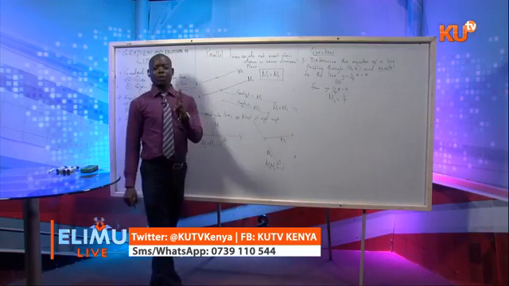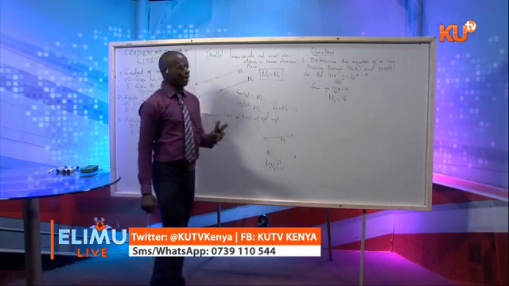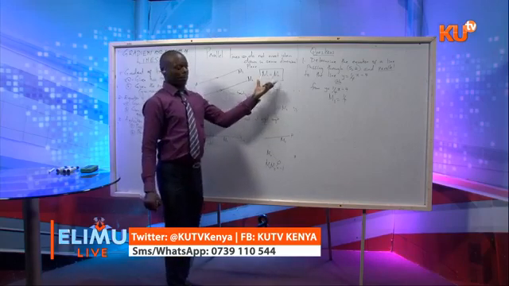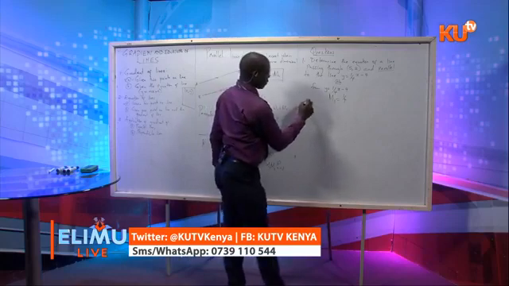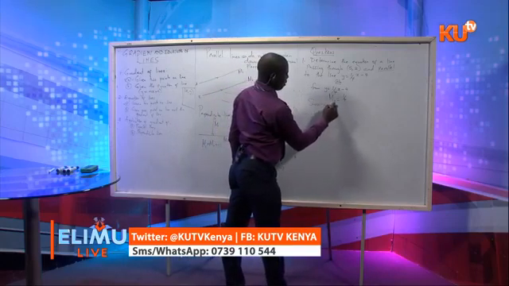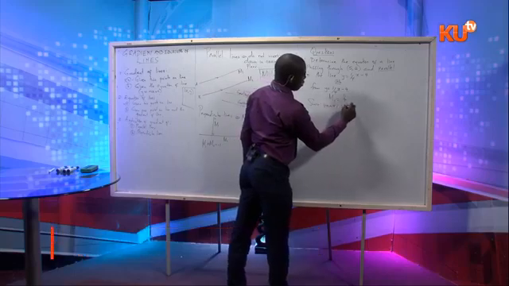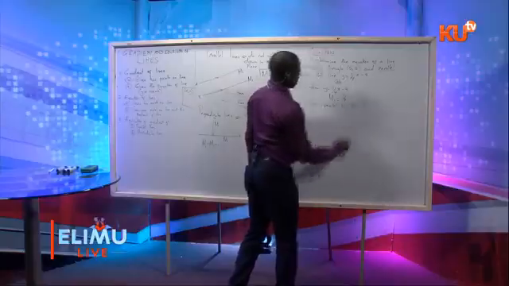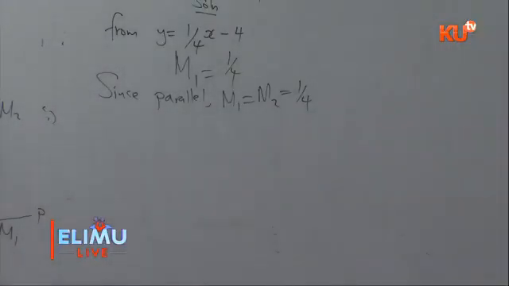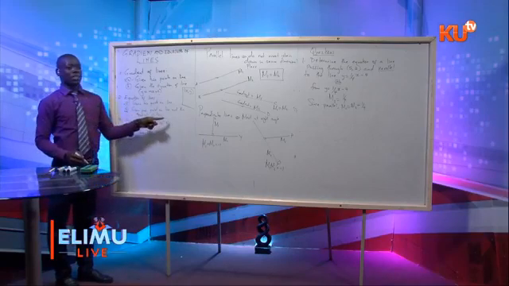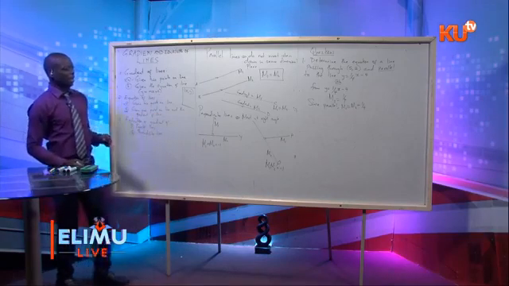And because these are two lines that are parallel, they have to go in line with this principle: since they are parallel, m1 has to be equal to m2. And so m2 is a quarter again. Then this takes us back to this part: how do you determine the equation given one point and the gradient of the line?